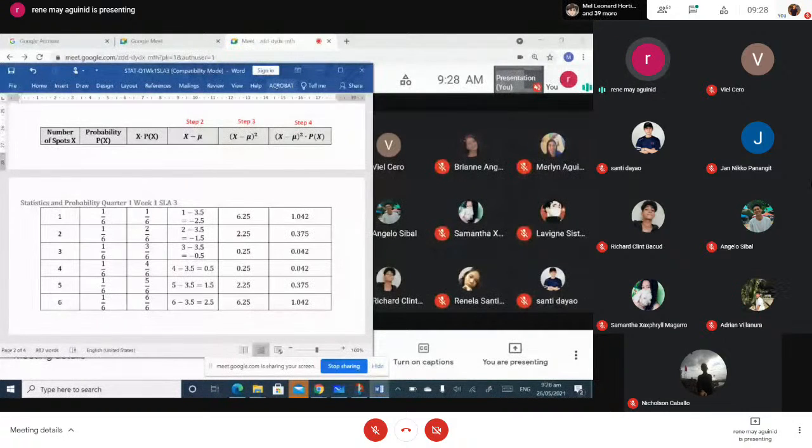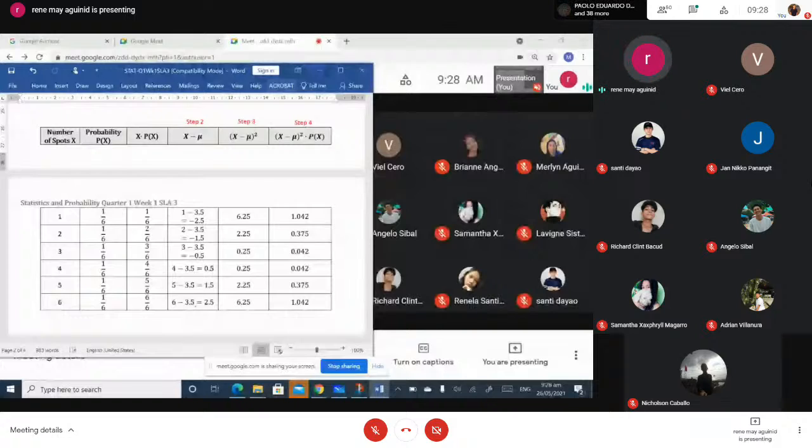So this x here is the spot. 1 minus the value of our mean, 3.5, is negative 2.5. 2 minus 3.5 is negative 1.5, and so on. 6 minus 3.5 is 2.5.